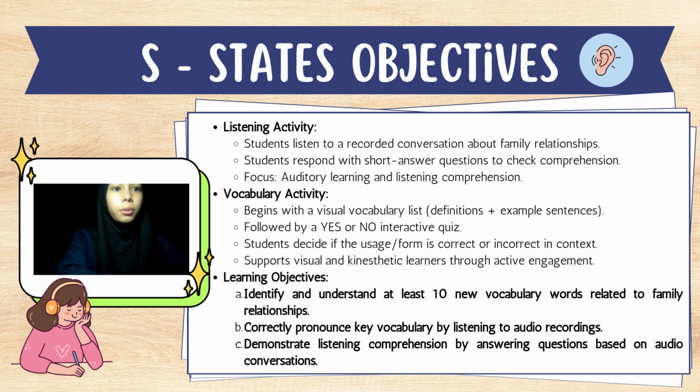So the learning objective is to identify and understand at least 10 new vocabulary words related to family relationships. Next is to correctly pronounce key vocabulary by listening to audio recordings. And the last one is to demonstrate listening comprehension by answering questions based on audio conversation.